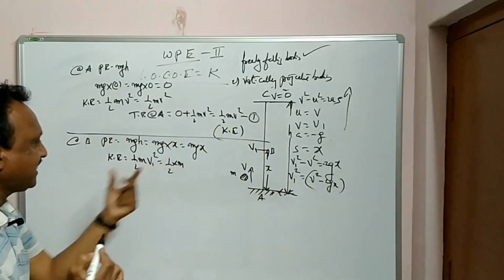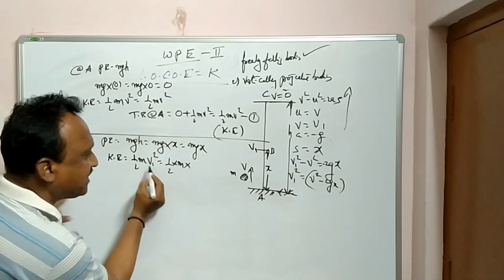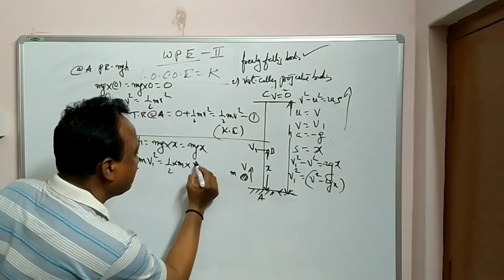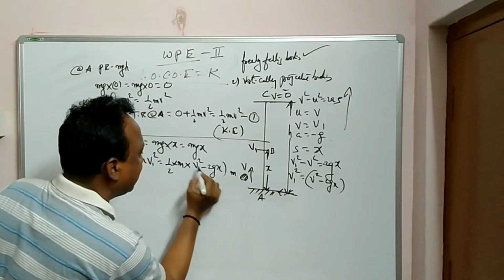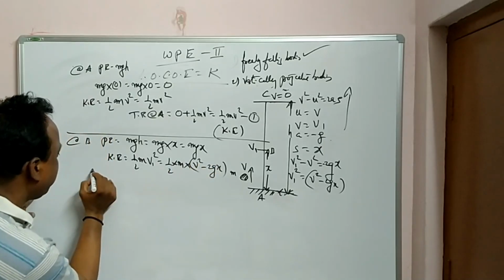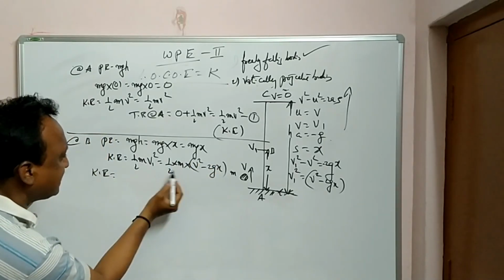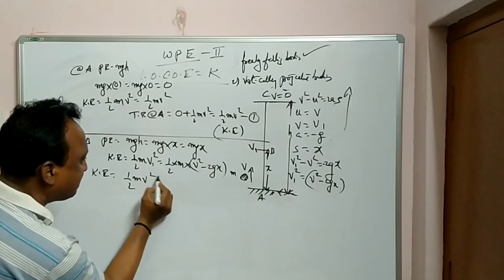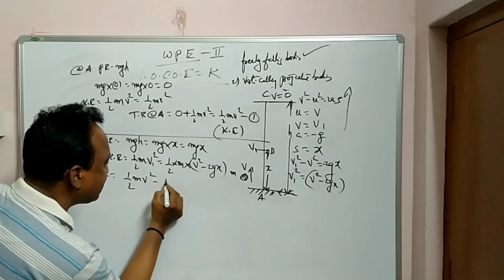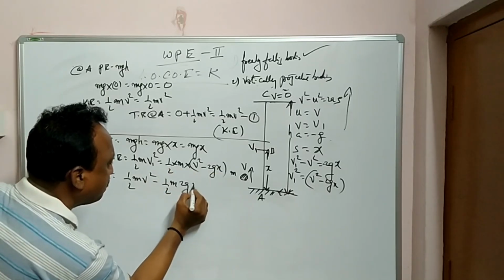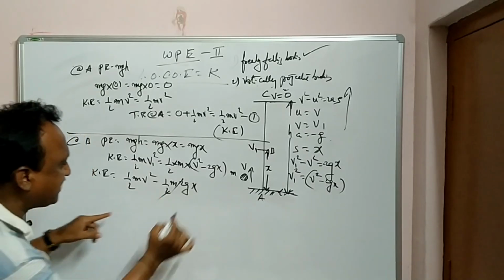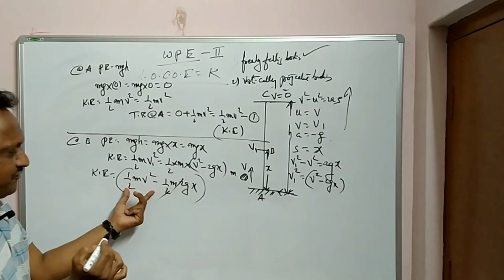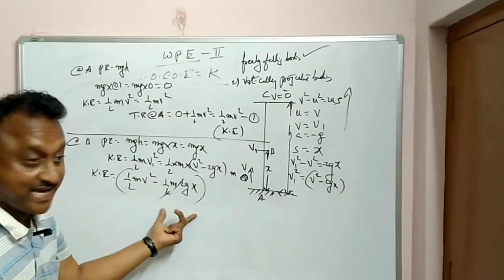Substitute this value here. Half m into V1 square is half m into V square minus 2gx. Now put it inside: KE is equal to half m V square minus half m 2gx. 2 gets cancelled. What is left for us finally is half m V square minus mgx. This is KE at B.